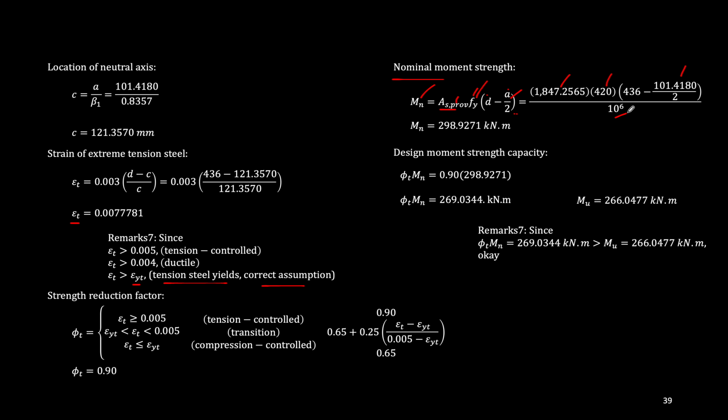So we have to divide this by 10 to the power of 6 para makuha natin yung value in Newton meter. After that, you multiply the nominal moment by the strength reduction factor para ma-solve naman yung phi Mn or yung design moment strength na capacity. Since ang phi Mn natin is 269, greater siya sa Mu na 266. Therefore, safe yung beam for flexure.